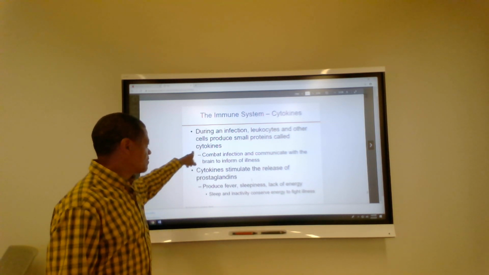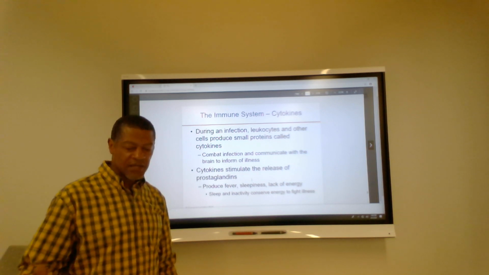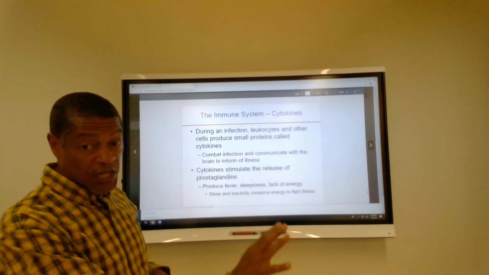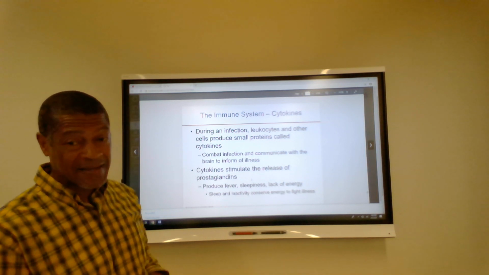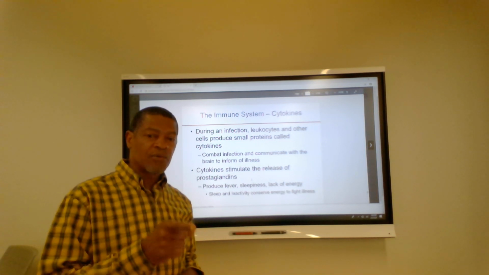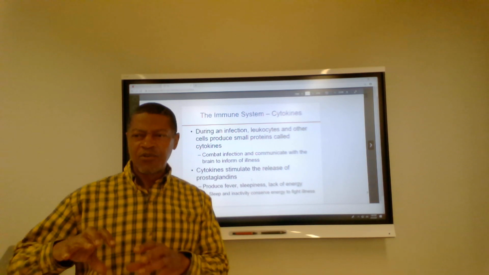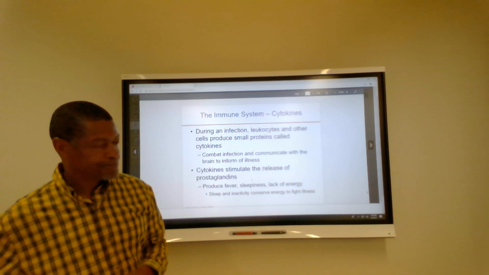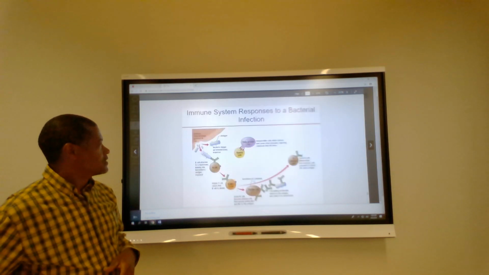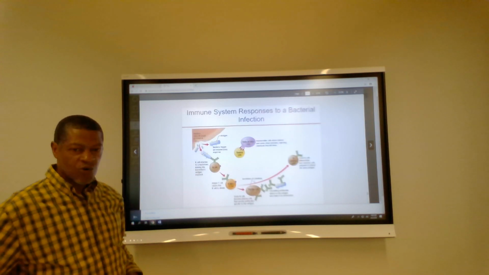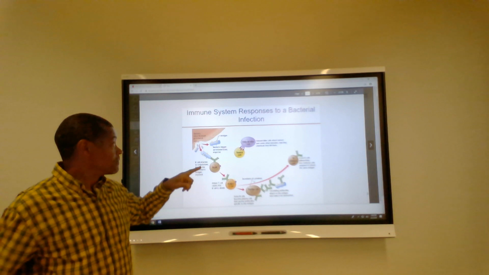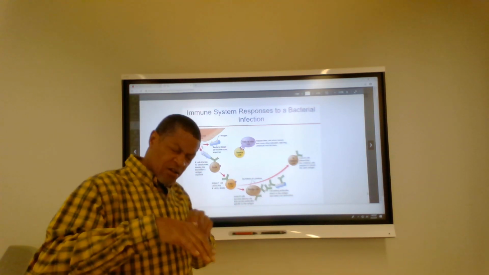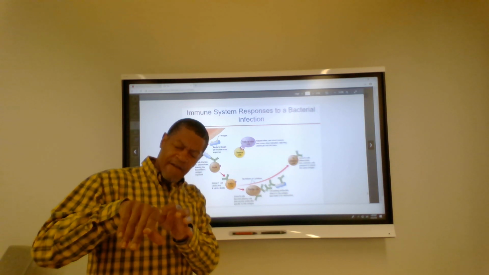So cytokines are more intense chemicals: cytokines, interleukin, interferon. You hear some of these other terms when you start reading on the immune system outside of this class, but all those are very important chemicals that scientists are going to be utilizing to try to fight these viruses that are out there right now. So you can look at this slide. Like I said, it could be a splinter. Put my hand on some wood, and that splinter's in my hand.